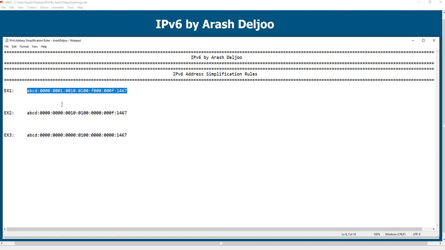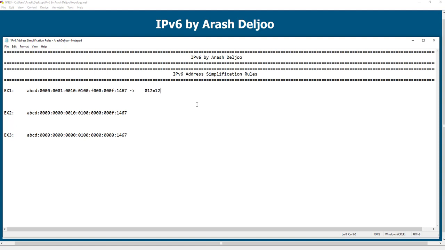The first thing that I want to tell you is a rule for simplifying, for shortening this IPv6 address. You know that, for example, in the real world, if I give you the number 012, it's equal to 12.